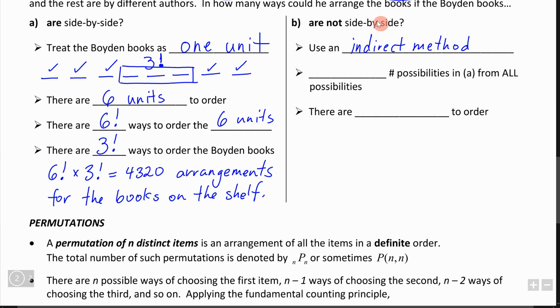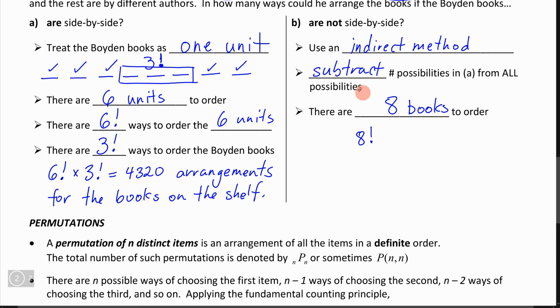So if they're not side by side, then I'm going to just subtract the number of possibilities from part A from all the possibilities. So what are all the possibilities? All possibilities means that there are 8 books that we have to put in order. So that means there are 8 factorial ways to arrange those books.